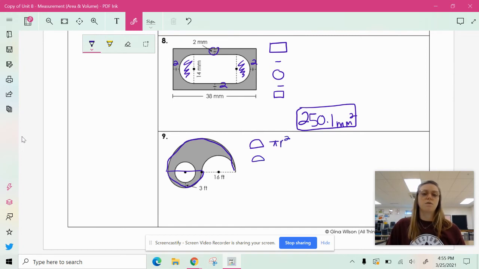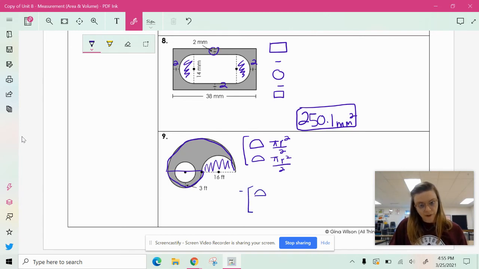Shaded semicircle 2, pi r squared divided by 2. Then I'm going to cut out, minus, semicircle 1. I'm going to call this 1. This big one 2. This guy's 3. And then circles 4.